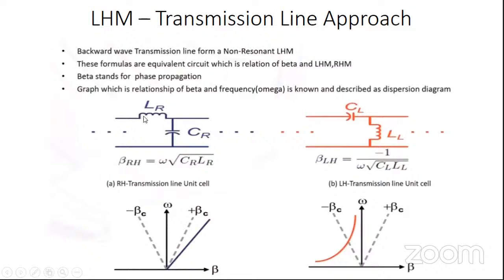The first is for the right-handed material, that is a naturally occurring material, not a metamaterial. Whereas in the metamaterial structure, a series capacitance and shunt inductance are required in order to create negative mu and negative epsilon.